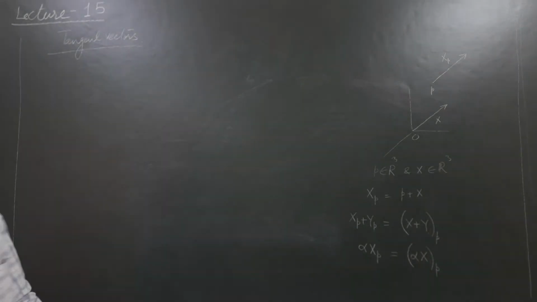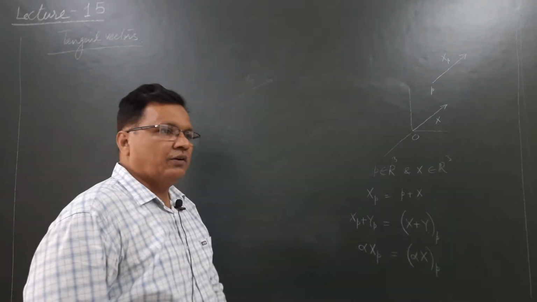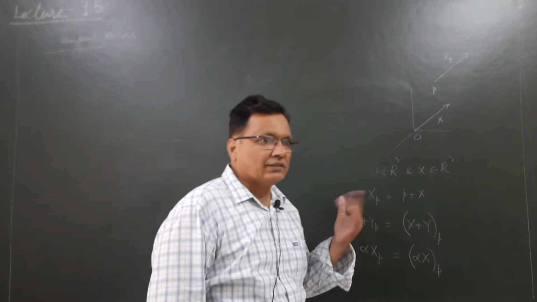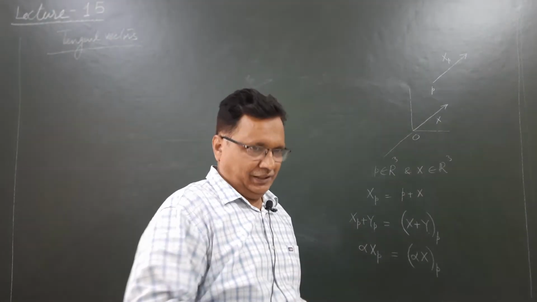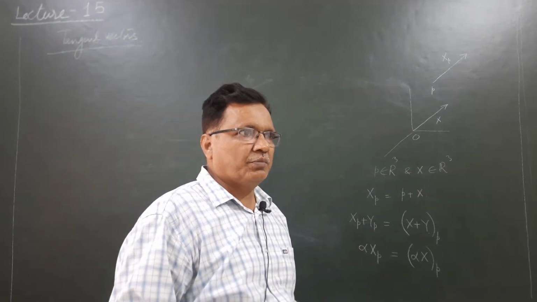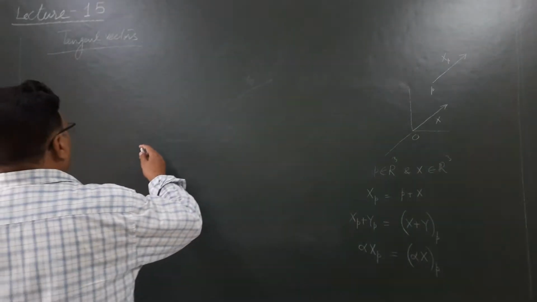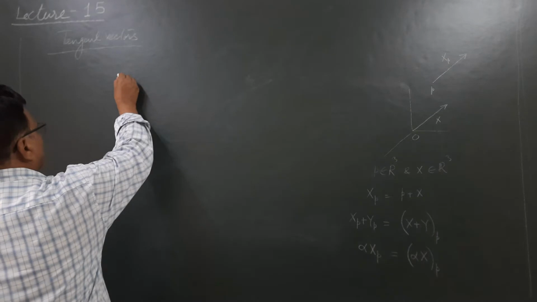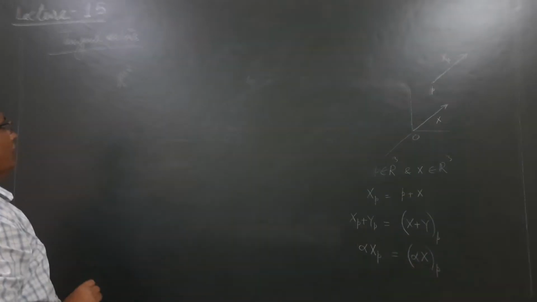So, as I told you, in a manifold the problem is you cannot view a vector like this. You have to look for its properties, those properties which characterize it. So, what you do, you consider the space R2, the plane, okay?